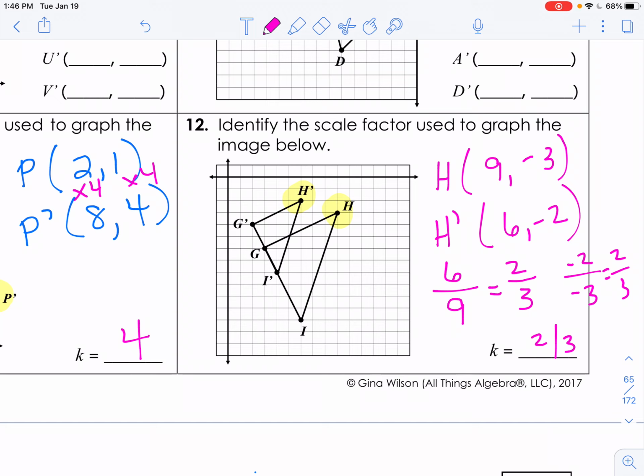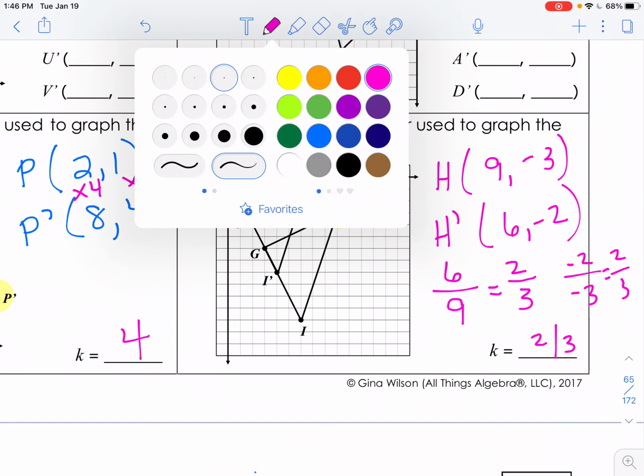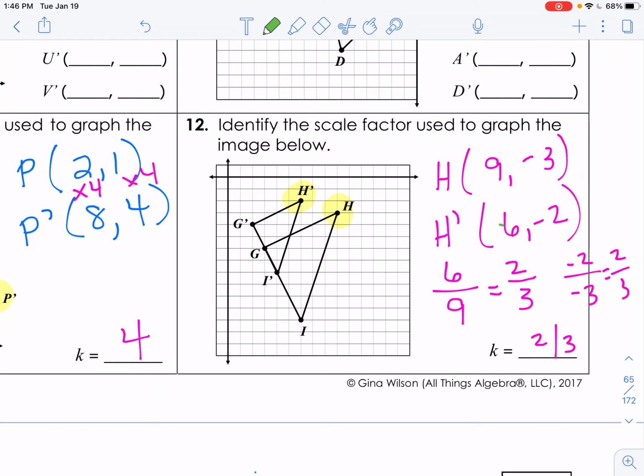Okay, so all I did is I divided backwards. Divide backwards, and that'll get my scale factor. Okay, so that should do it for dilations. Feel free to rewatch the extra help video from Tuesday that gives you information on dilations too. That should get you everything you need to know.